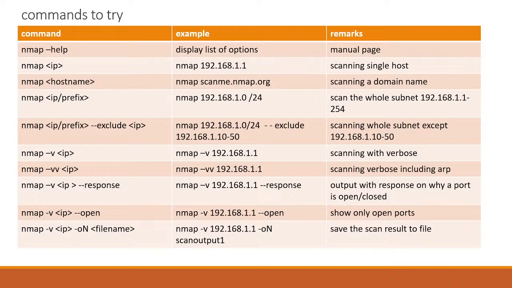That is, what is NMAP, how to check the version of NMAP, and how to use NMAP for an individual target, that is one IP address or one host name, or you can even scan with a range of IP addresses. Now, what we did yesterday was just a default scan.